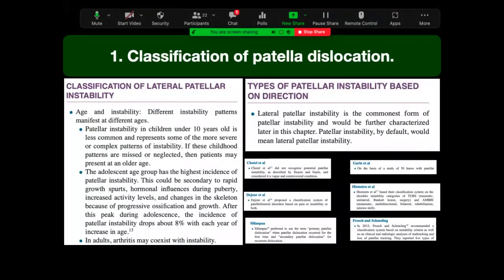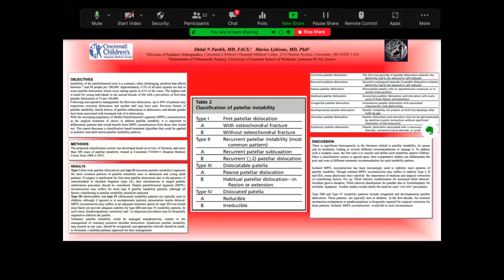So there are various classifications, and these classifications are based upon various factors. Some people talk about age, some people talk about direction, some people talk about cause of dislocation, and so many other things. This is one of the popular classifications done by Sheetal Parikh, who has a beautifully written book, and he classifies pediatric patellofemoral dislocation in a different way so that the treatment can also be identified.